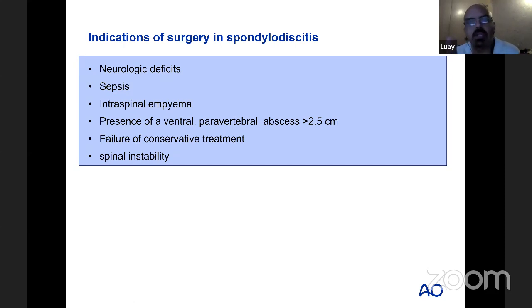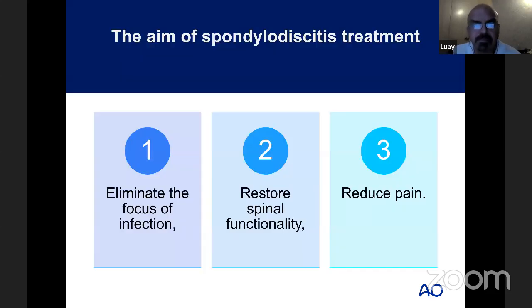Now we come to the case solution, and I'll try to mention a few points about the indications for surgery in general in spondylodiscitis. The first indications, of course, are neurological deficits, sepsis, intraspinal empyema, the presence of a ventral or paravertebral abscess of size more than 2.5 cm, failure of conservative treatment, and of course, spinal instability.